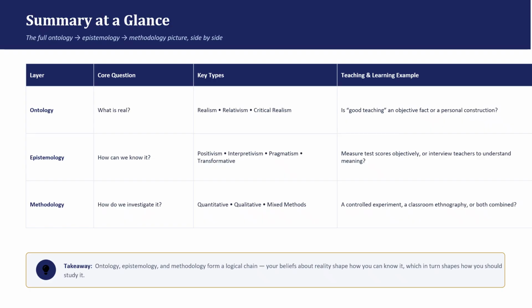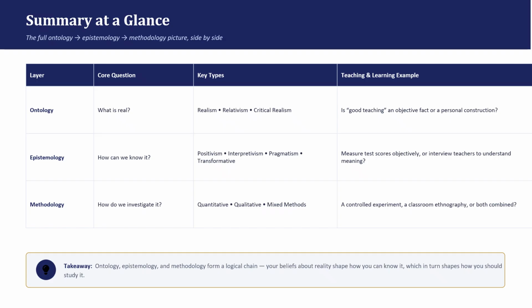Ontology is what is real, epistemology is how can we know that reality, and methodology is how do we investigate that reality. Under ontology, we have realism, relativism, and critical realism. Under epistemology, we have positivism, interpretivism, and pragmatism. And under methodology, we have quantitative, qualitative, and mixed method research.